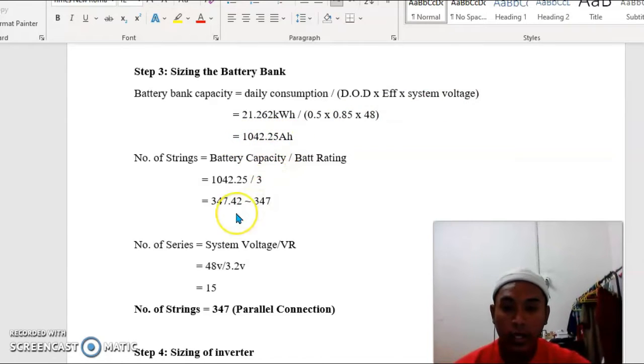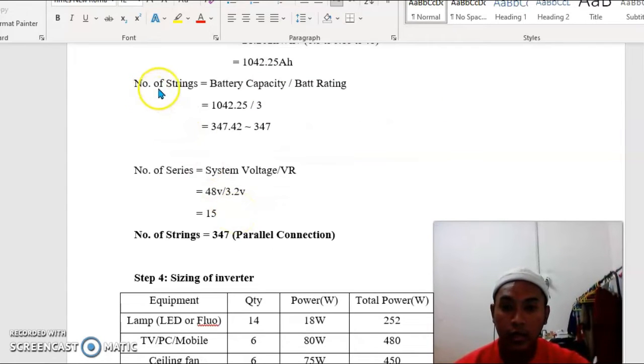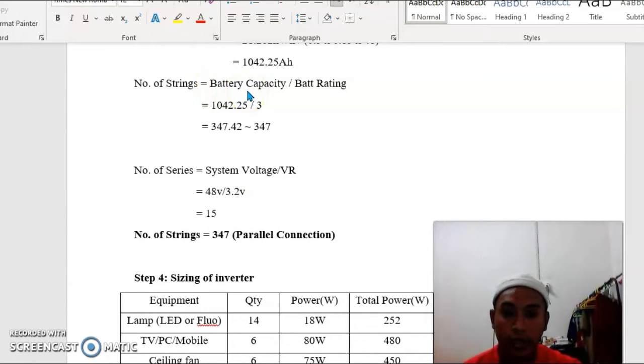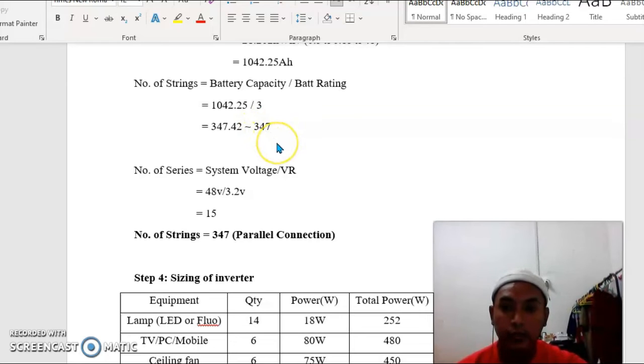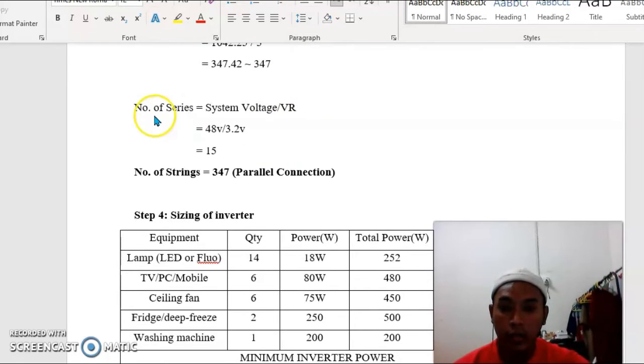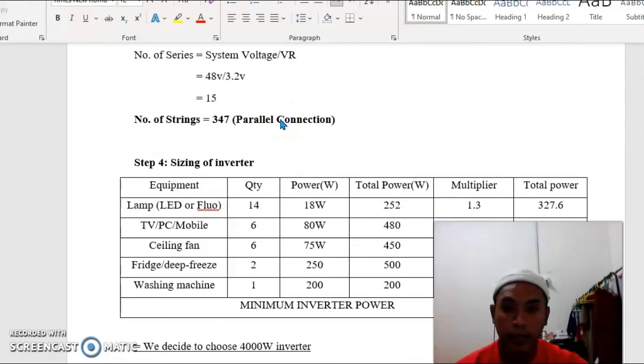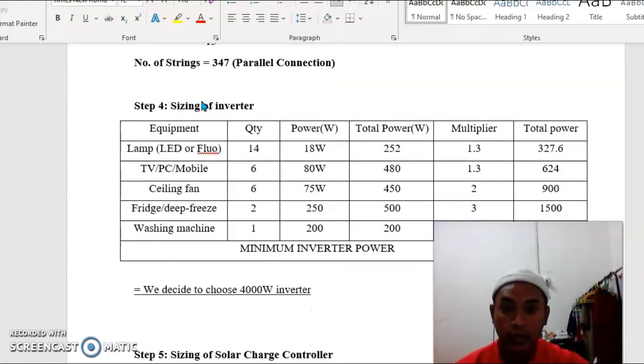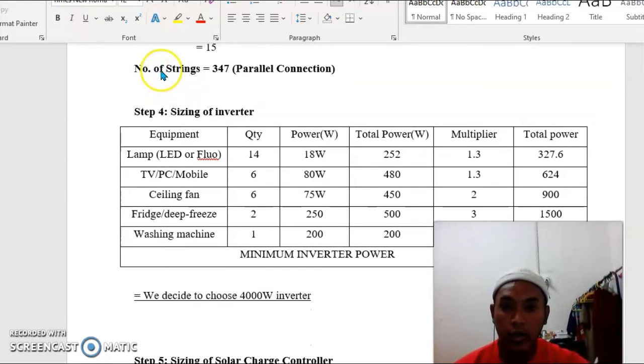Then we need to calculate the number of strings, which is battery capacity over battery rating, and then we get 347 for the number of strings. The number of series is equal to system voltage over VR. 48 volt over 3.2 volt, we get 15. And the number of strings is 347, which is a parallel connection.